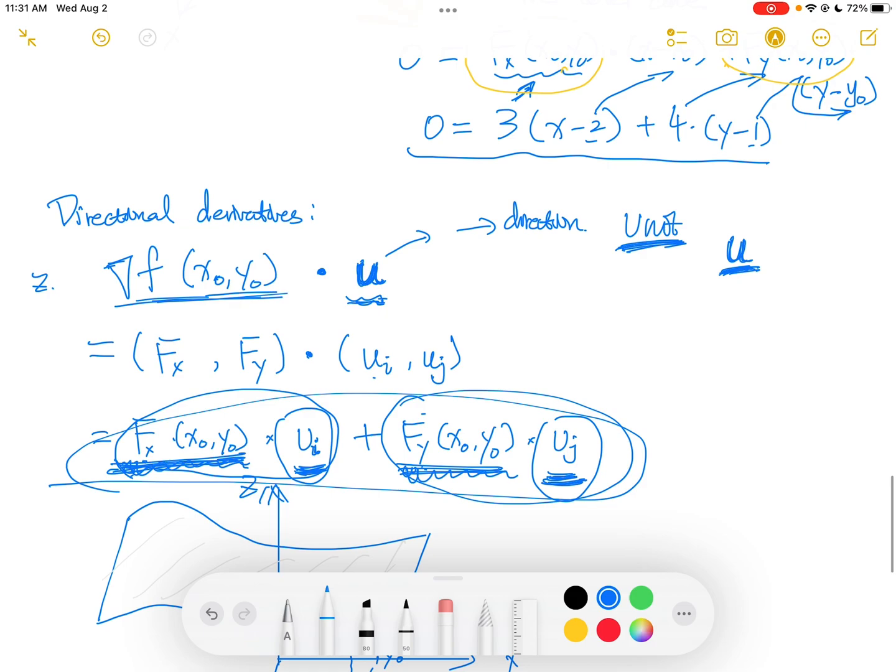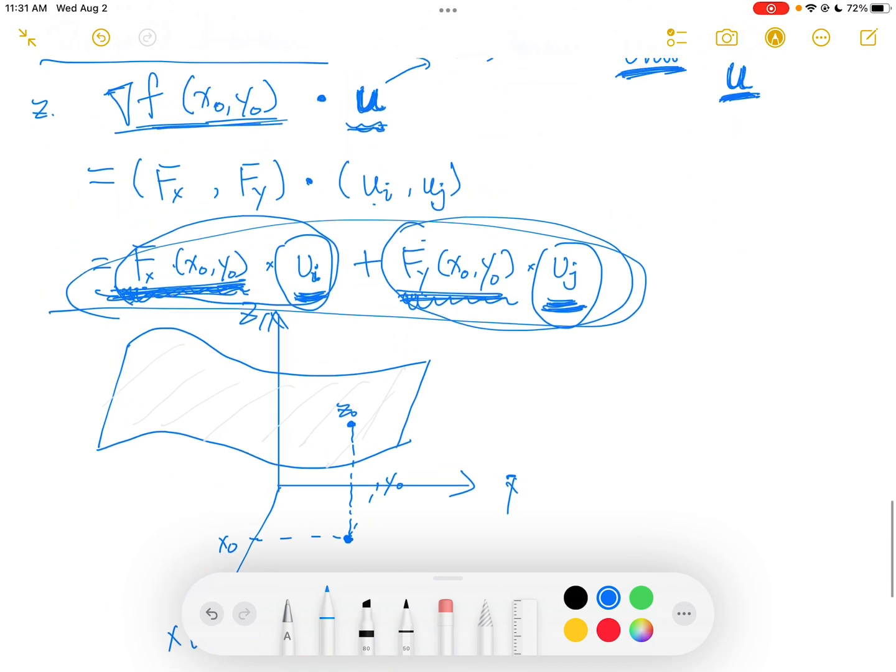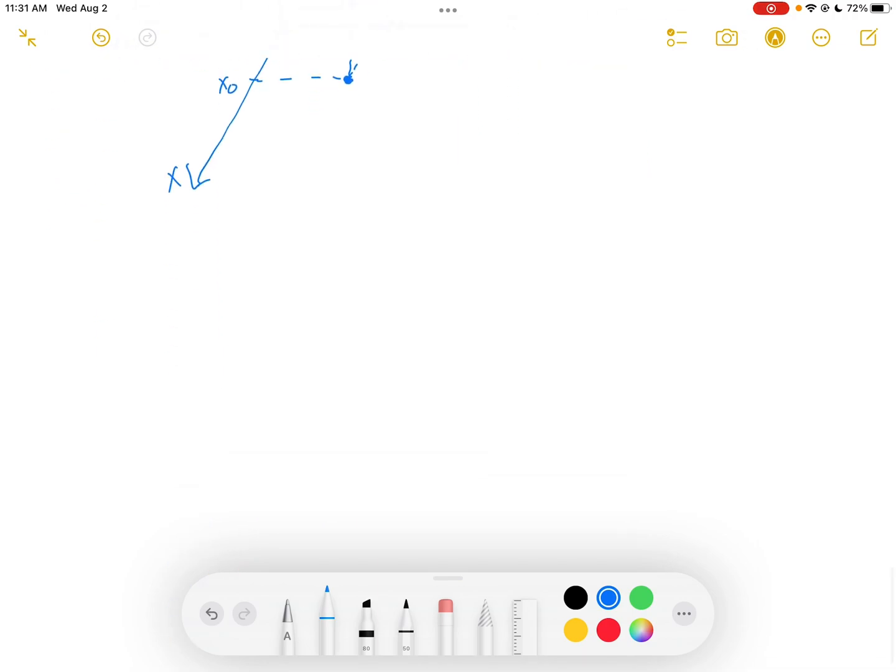So that's the concept: the directional derivative is just the partial derivatives multiplied by the movements along the x and y directions given by this unit vector.